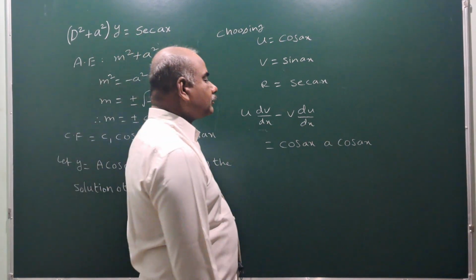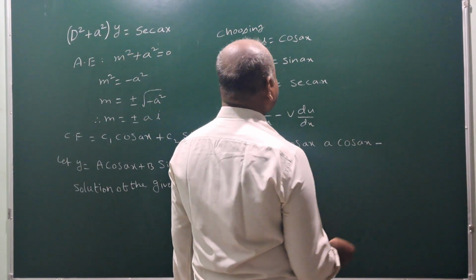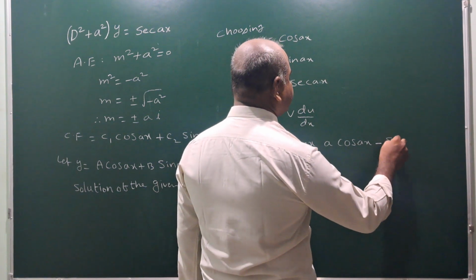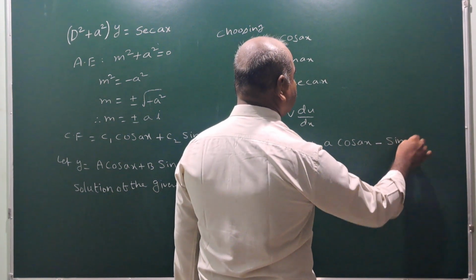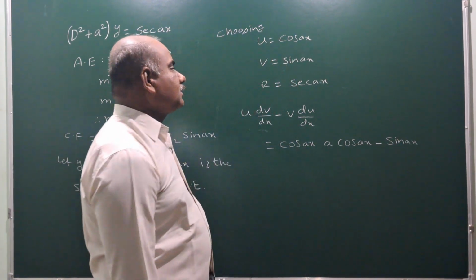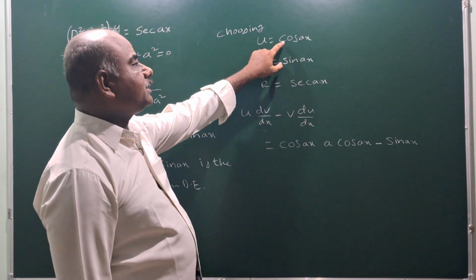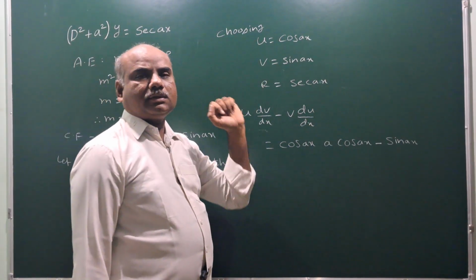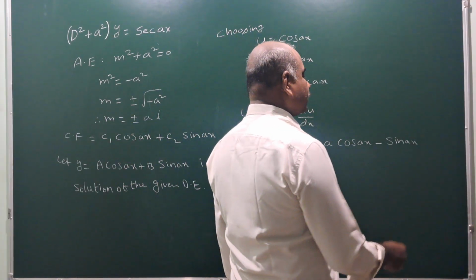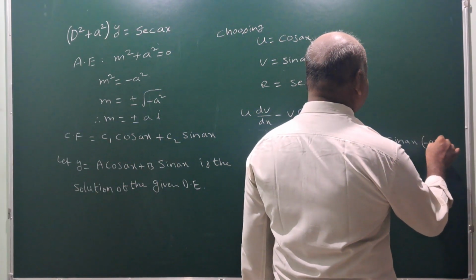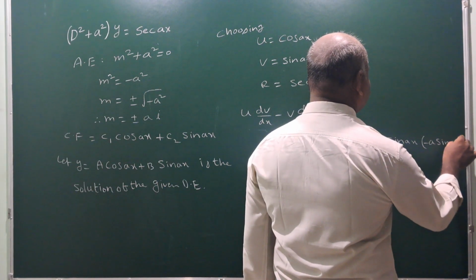Minus v, what is v? sin ax, into du/dx. That means we differentiate u with respect to x. The derivative of cos ax with respect to x is nothing but −a sin ax.